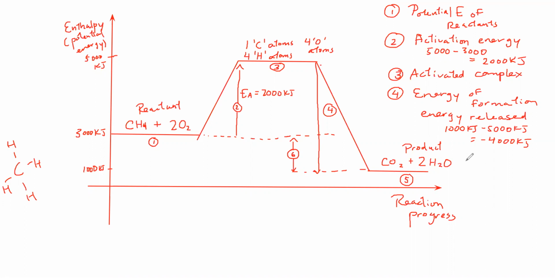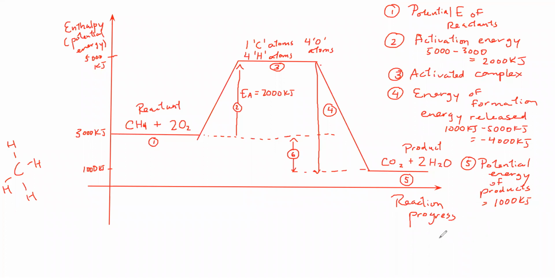All right, now we're at the final part where you're looking at the potential energy of the products. And that, simply put, is where it ends up being only 1,000 kilojoules, like where its level is at. But that is not the most important of all the numbers.